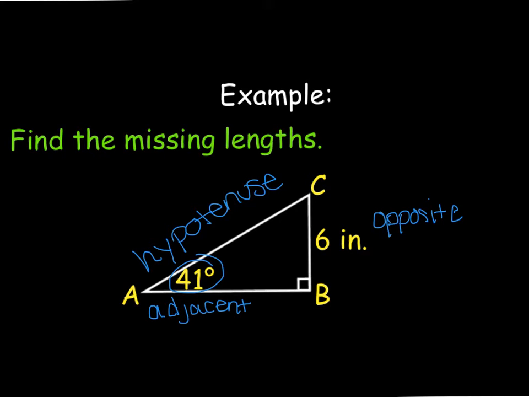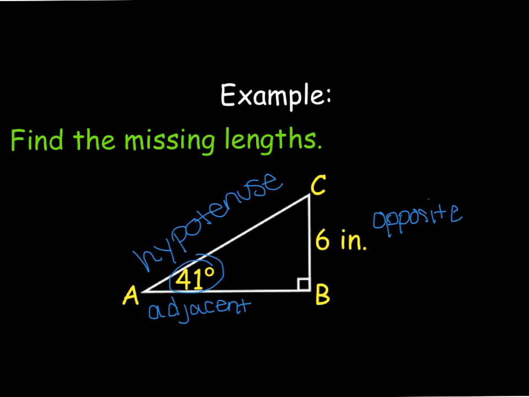Okay. And then your next step is to determine which trig function you want to use in order to find your missing lengths. So we have two missing lengths here that we need to find. So it really depends on which side length you want to find first. I prefer to find my hypotenuse first, right here.